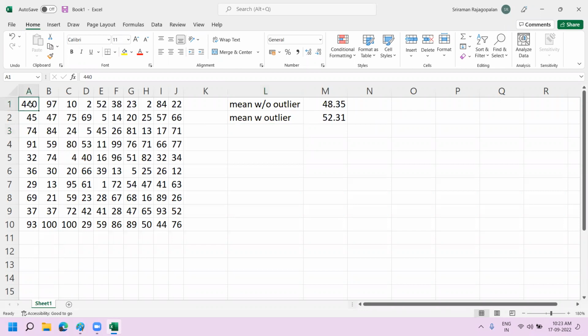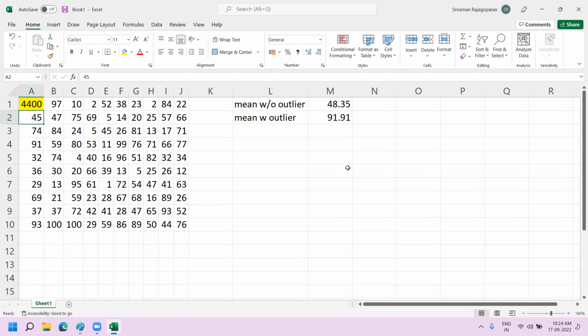So this is my outlier, 440. And if this number increases, let's say 4400, it will have a drastic effect on the overall mean.